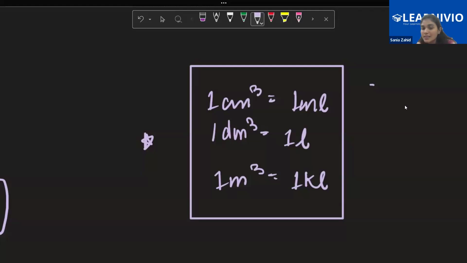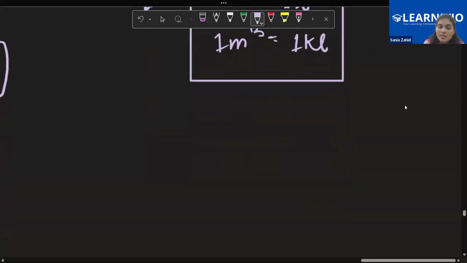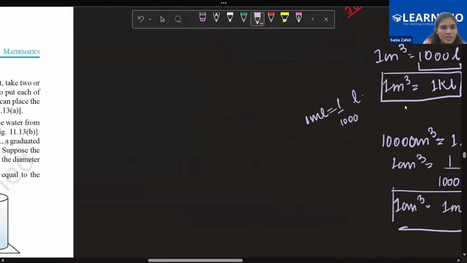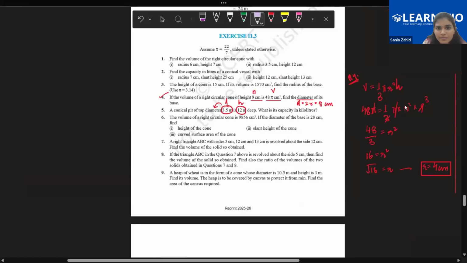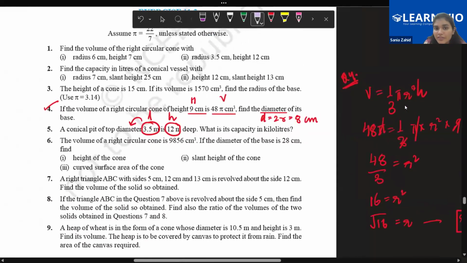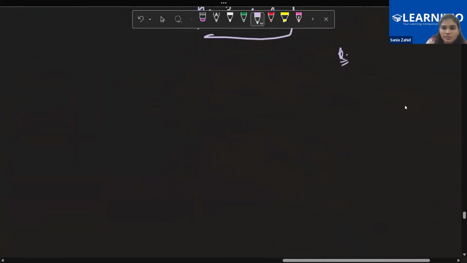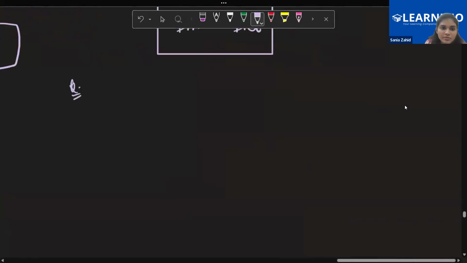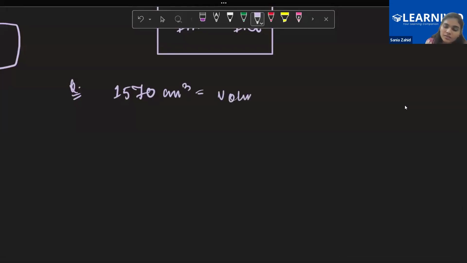Suppose the question says 1570 centimeter cube is the volume, and I tell you to convert this into liters.